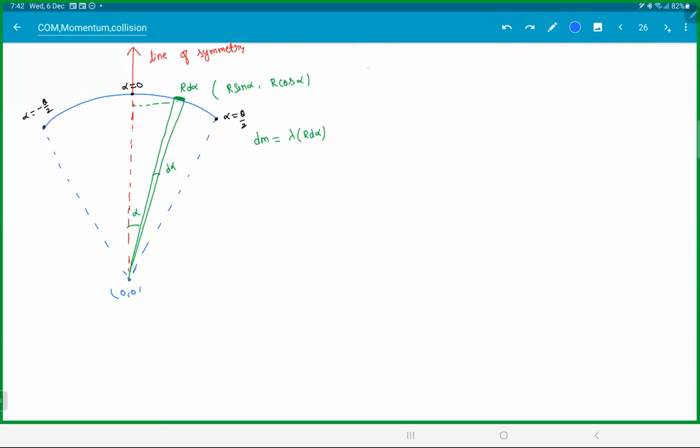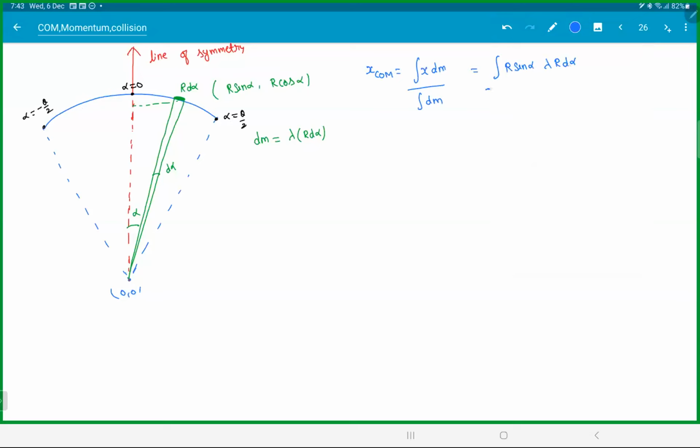Once you got this, for the x center of mass, you get back to the formula again. What is the formula? Integral x dm by integral dm. So here, x is the x coordinate of that small piece, which is r sine alpha, and dm is lambda r d alpha.